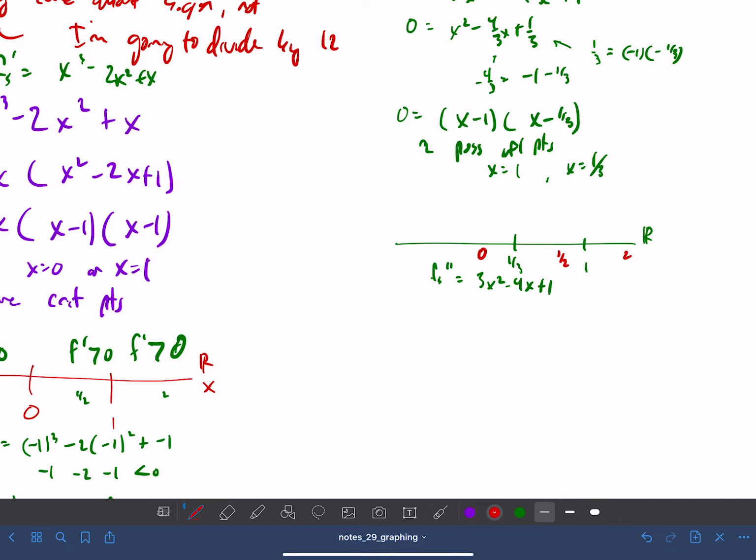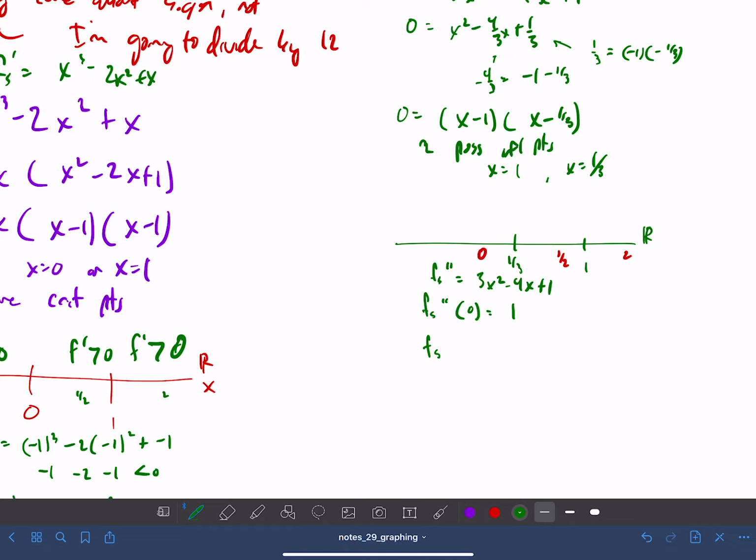Just using convenient values in the intervals. I have 2 points, 3 intervals. So I want to know what is f sub s double prime of 0. That's equal to 1.